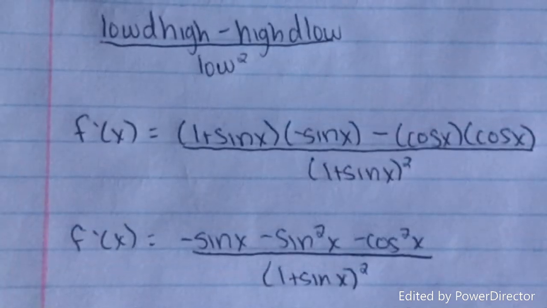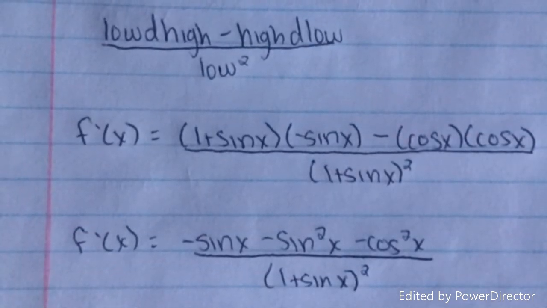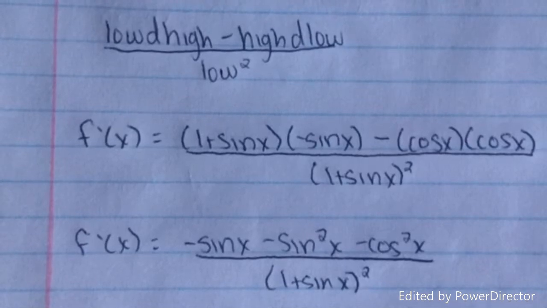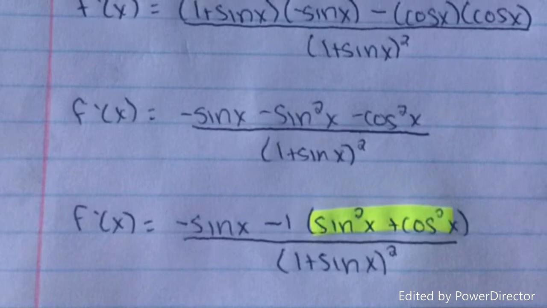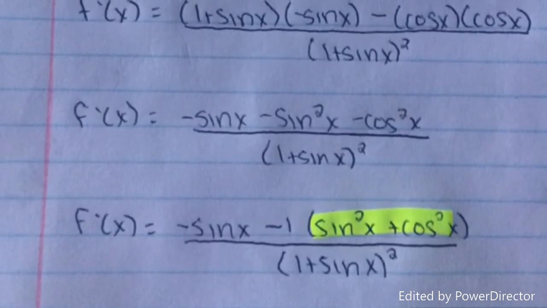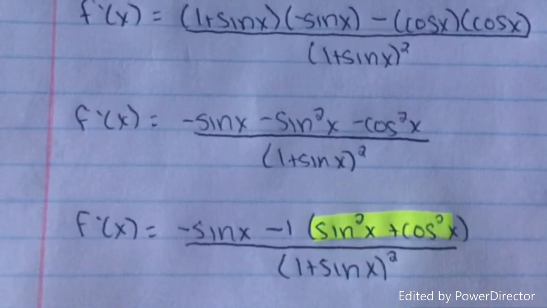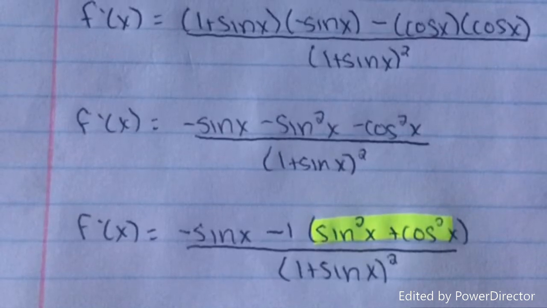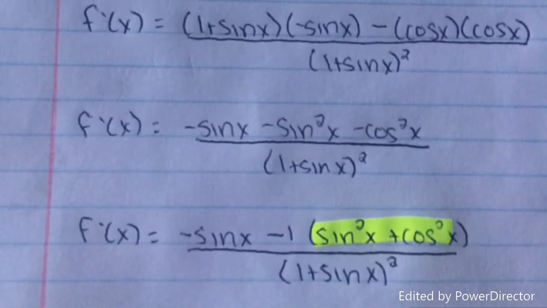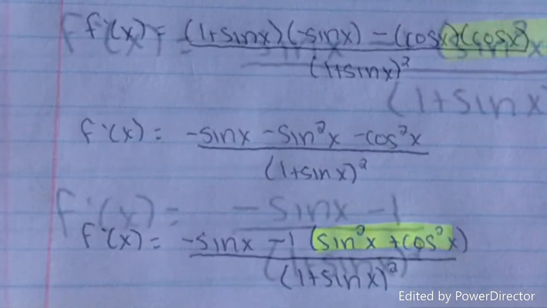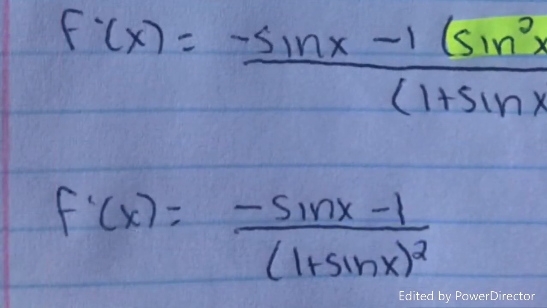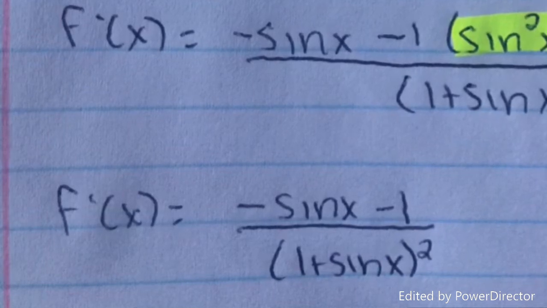Simplifying this, we get negative sine of x minus sine squared x minus cosine squared x over 1 plus sine x squared. We can now simplify this even further to negative sine of x minus 1 times sine squared x plus cosine squared x in parentheses, over 1 plus sine x squared. We can cross off the sine squared x plus cosine squared x and replace it with the 1.